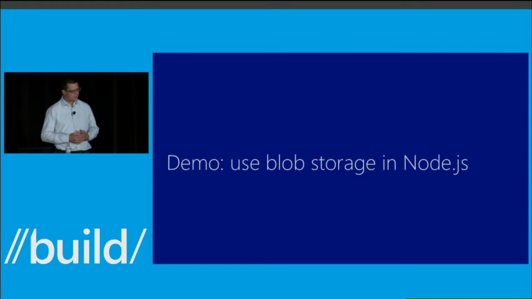The sample application I'll be showing will expose just one endpoint on HTTP that will accept an HTTP post and upload the file to Windows Azure Blob Storage. It will then return a public URL directly to the blob storage that you can distribute to whoever wants to access that content.